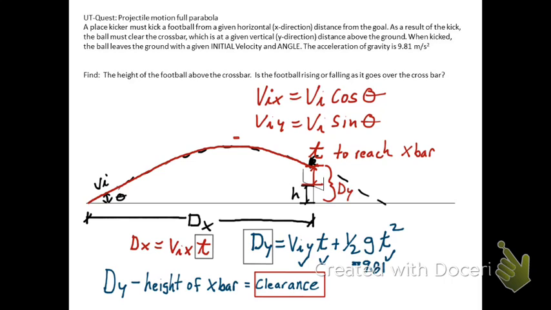All right, well, how do I know this? How am I going to figure this out? Well, I want to know the velocity in the y direction as it crosses over the crossbar. If this quantity I calculate happens to be positive, then that means the ball is rising. If the quantity I calculate is negative, then that means the ball is falling.